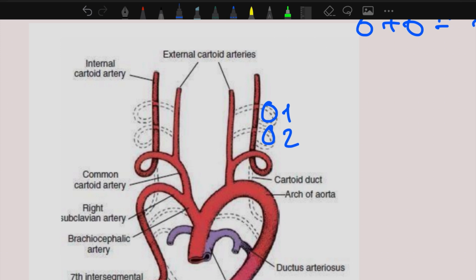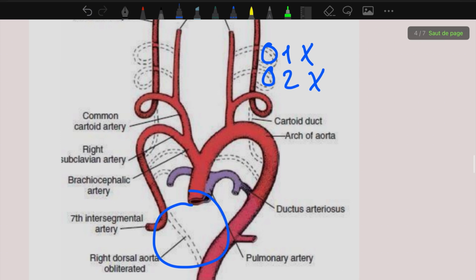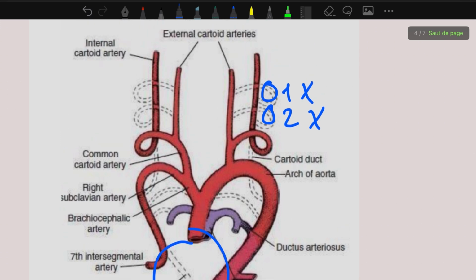The first and the second one will die, and why? Because the heart cannot give blood directly to arteries far away. Here is, for example, the heart, and the first and the second are really far away, so it can't give the blood directly, so they will just die.